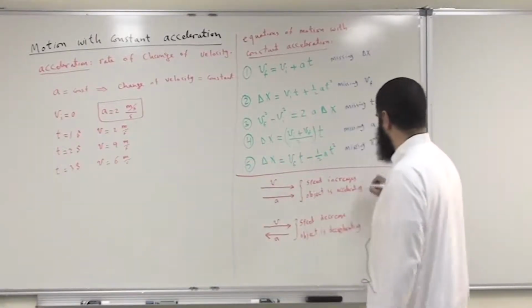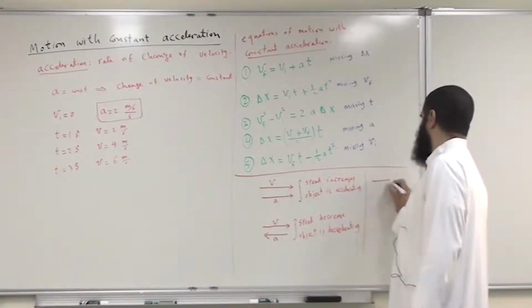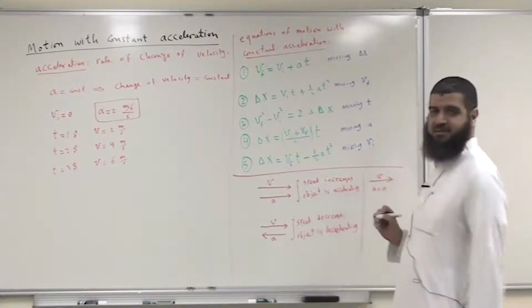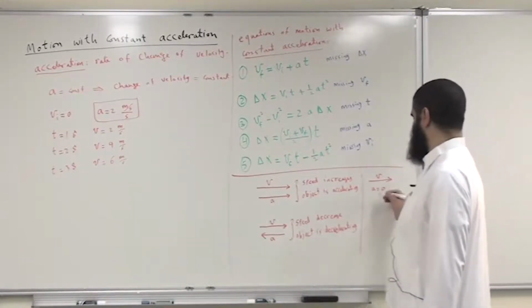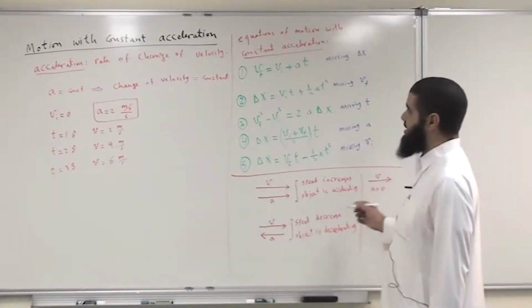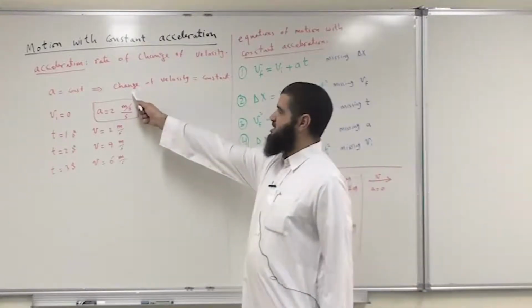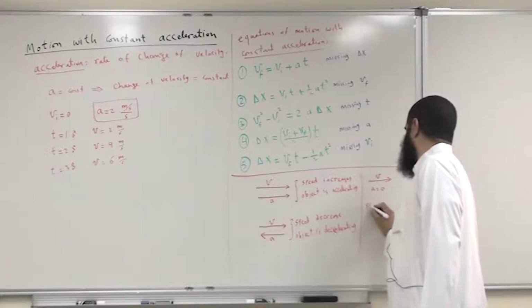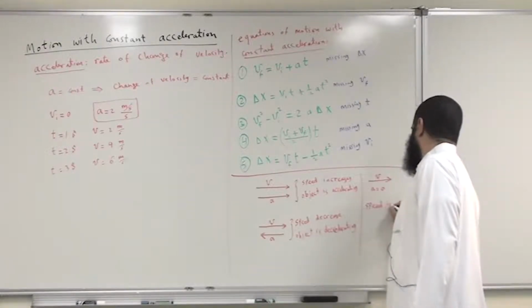Another case, if the velocity is forward and the acceleration is equal to 0, in this case there is no acceleration, meaning that there is no change in the velocity, and this means that the speed is constant.